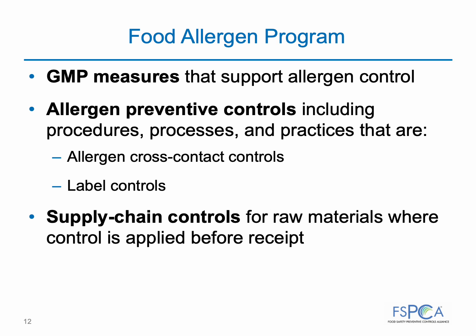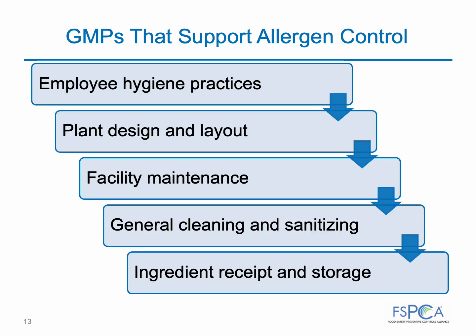Allergen preventive control of the incoming raw materials is another important aspect of a facility's overall allergen program. This will be discussed in Chapter 13, Supply Chain Preventive Controls. Many of the GMP procedures used in food facilities are developed to include elements that provide support for the control of allergens.